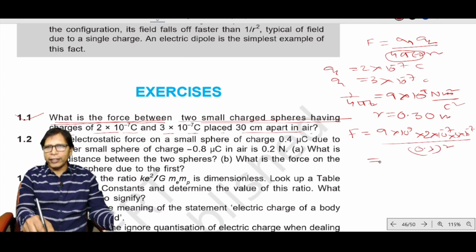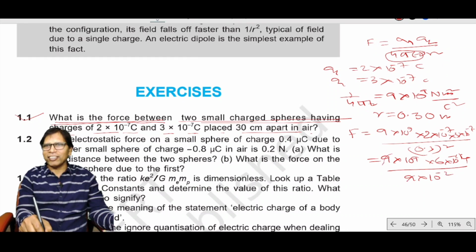So this is 9 into 6 into 10 to the power minus 14, divided by 9 into 10 to the power minus 2. So the 9s cancel out.